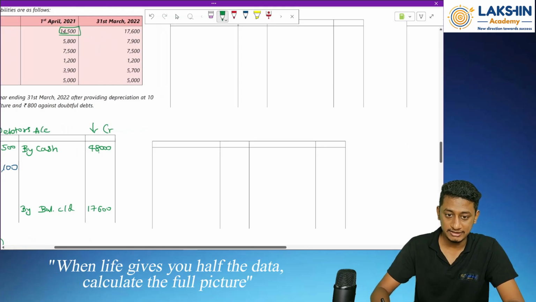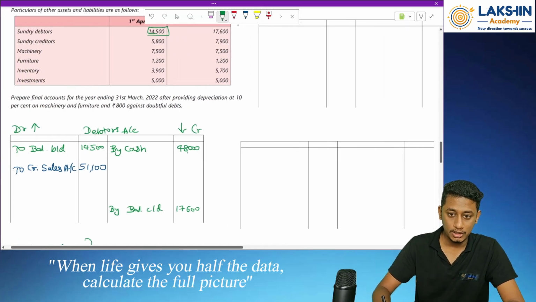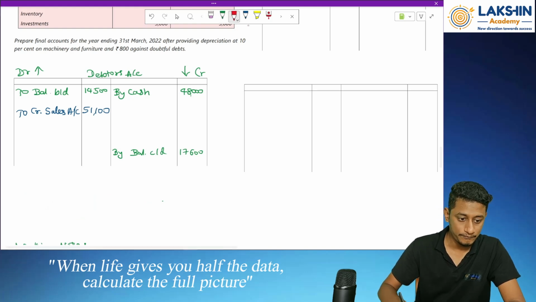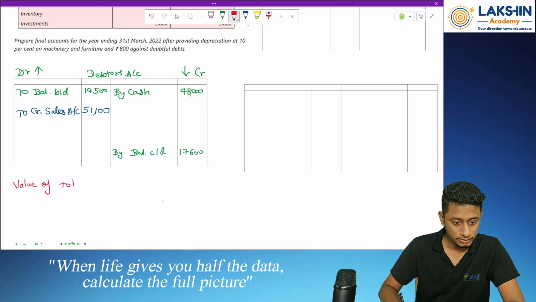Now, next what do we need? We need the creditors account, right? But first of all, write down the value of total sales. Total sales equals credit plus cash. How much is the credit sales?